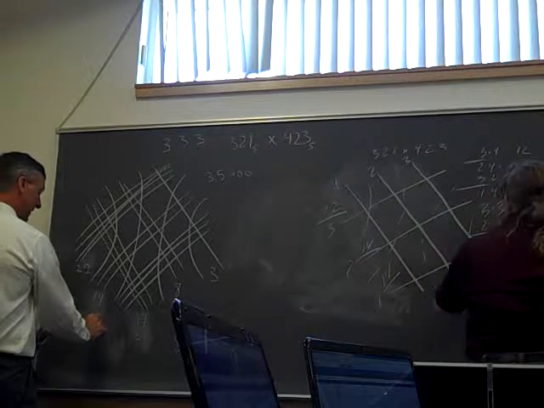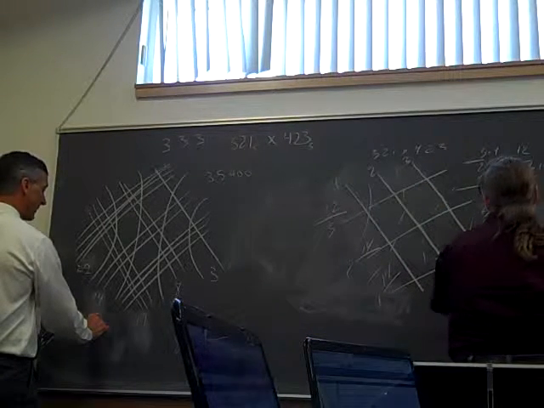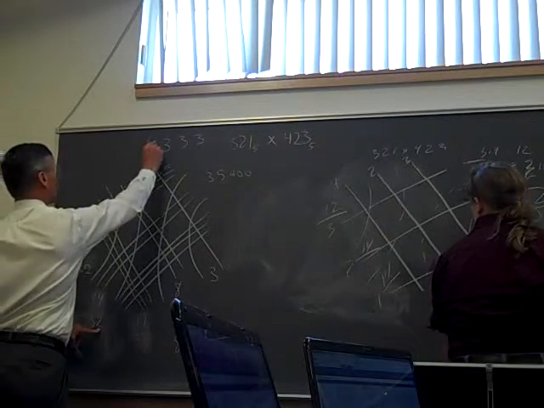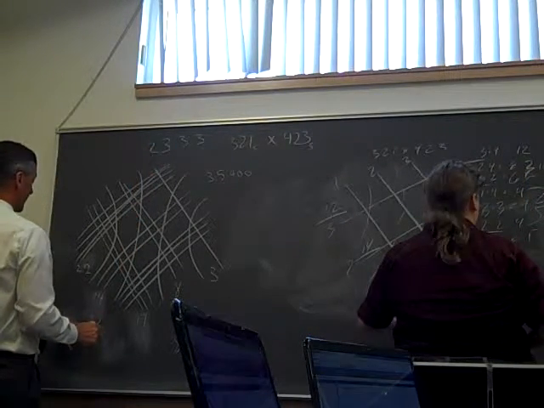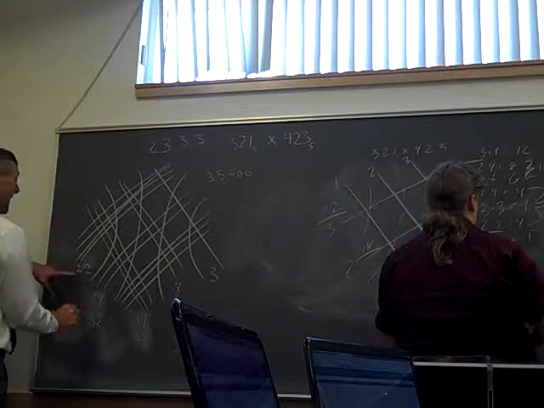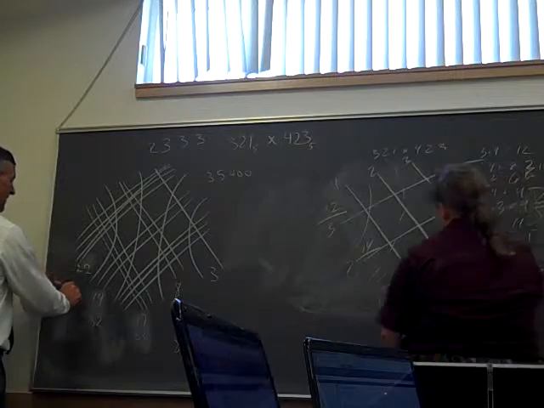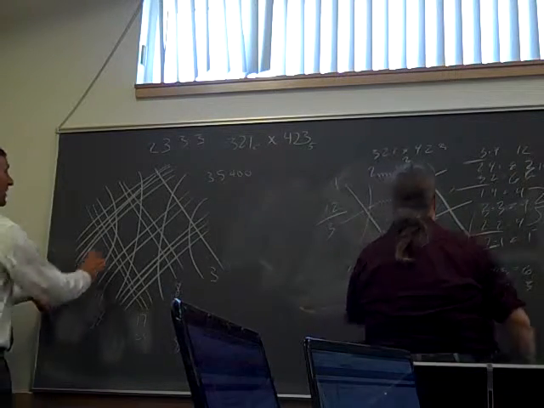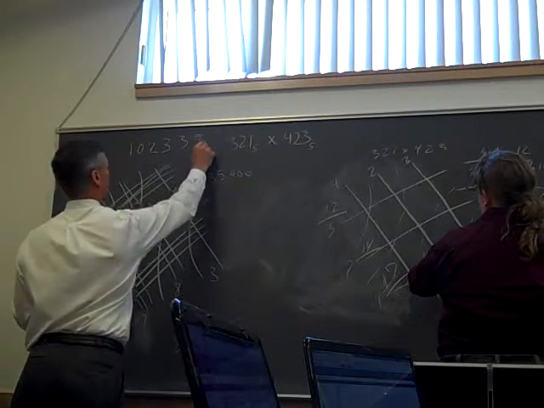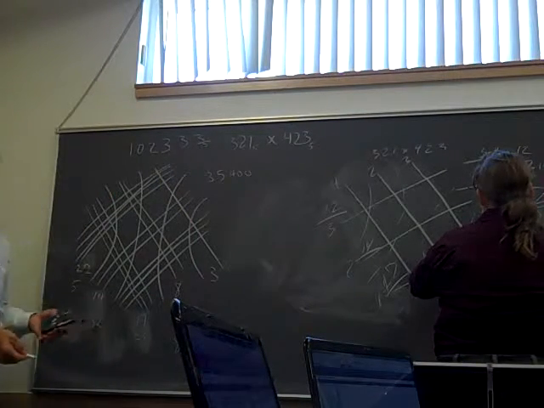But 17 is 3 groups of 5 with 2 left over. So I'll write a 2 up here. And take this 3 over with the 22 makes 25. 25 is 5 groups of 5, which is 1 group of 5 and 0 left. That should be our answer in base 5.